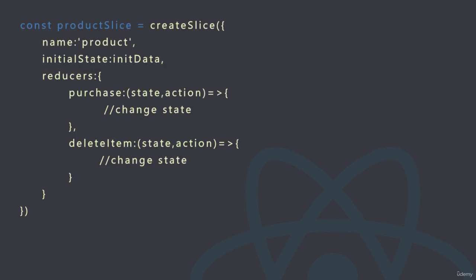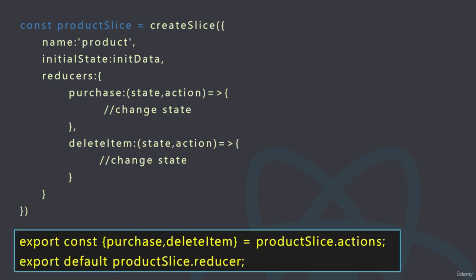For example, in this case, you can export the purchase and delete item with product slice dot actions, because the product slice is the object we created with create slice. So that will have all the actions, and we are destructuring those actions into the respective items, that is purchase and delete item.